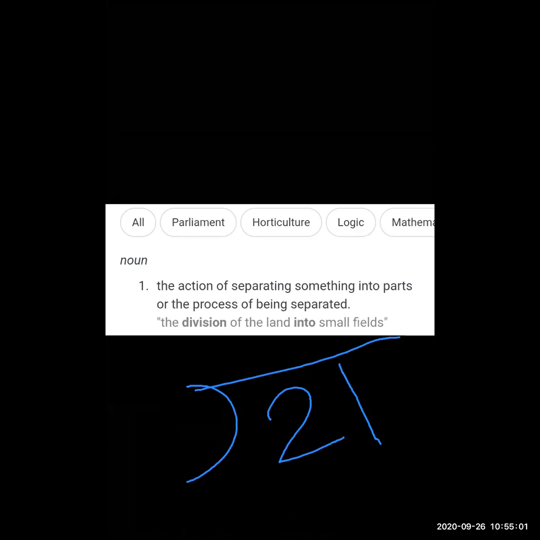How many students? 7 students. Now I'm going to change the sum. Look properly. How many students are there? Total 7 students. After that, I want to distribute the 21 chocolates among the 7 students.